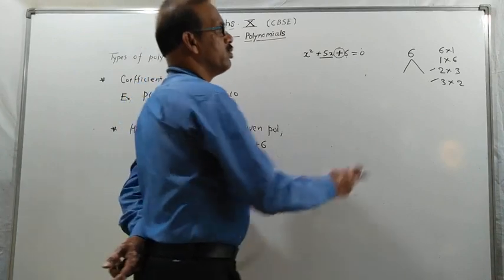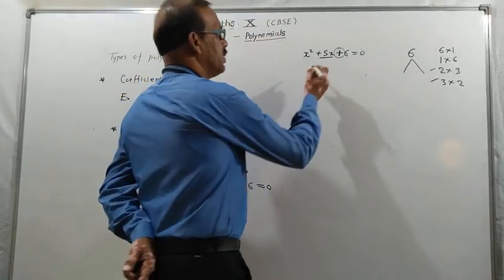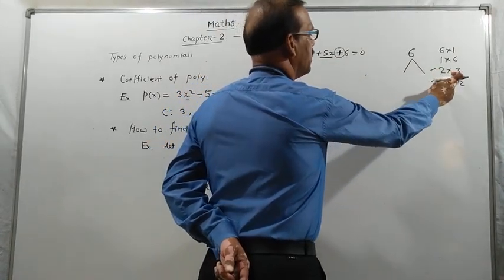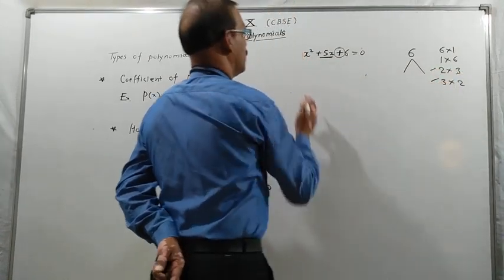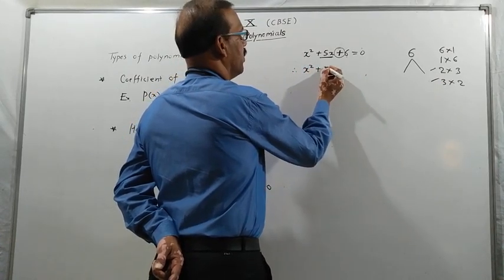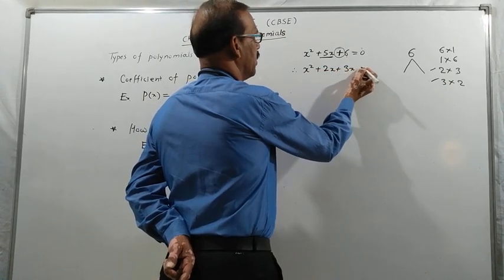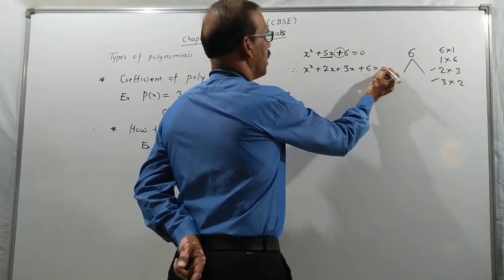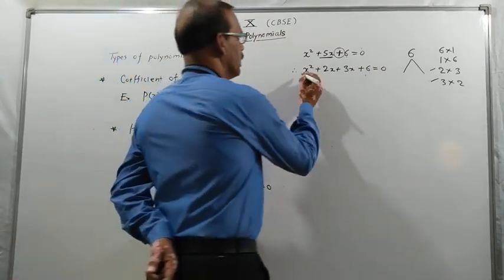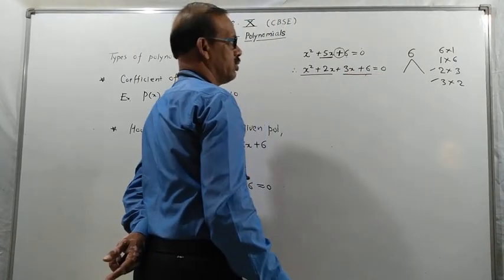So out of these two, we take any one. Here we split this 5x into the form of 2x plus 3x or 3x plus 2x. Therefore, we write here x squared plus 2x plus 3x plus 6 equal to 0. Now, underline the first two terms and the last two terms.